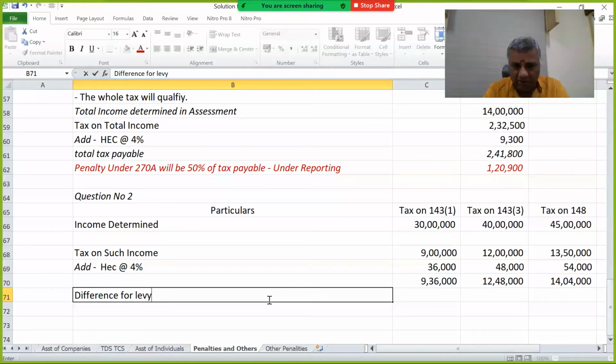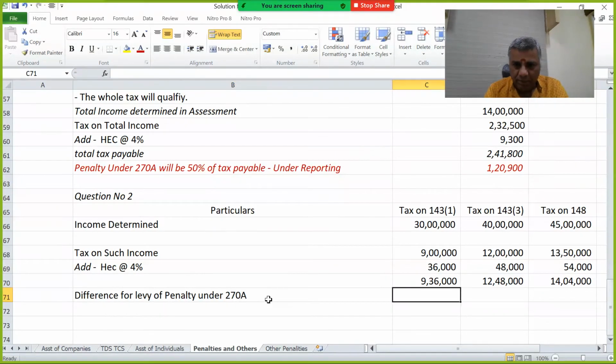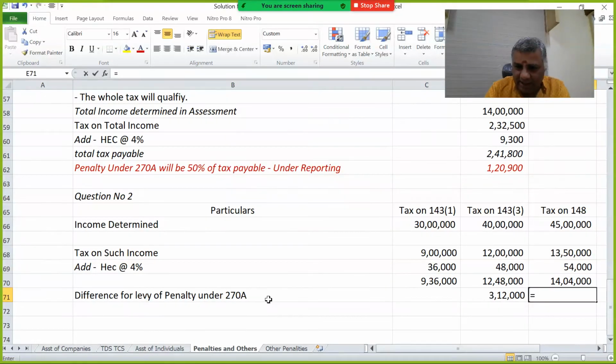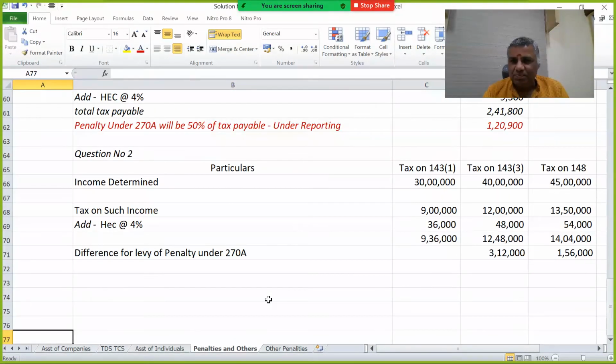The difference is for levy of penalty under 270A. For the first assessment, it is the difference between tax on income determined under 143(3) and tax on income determined under 143(1).